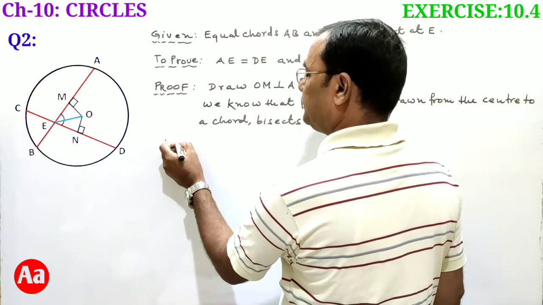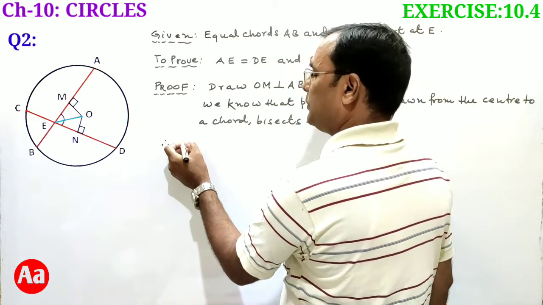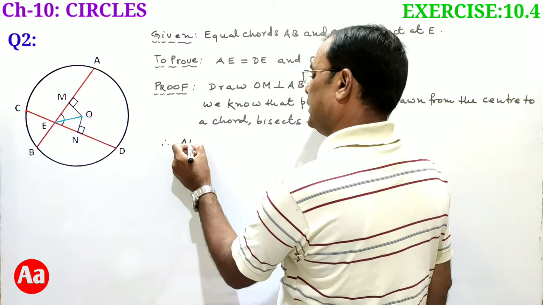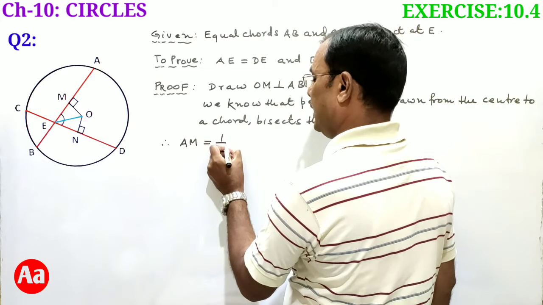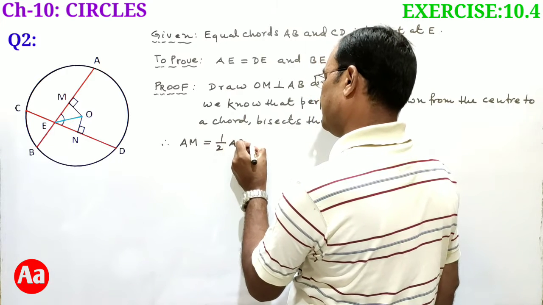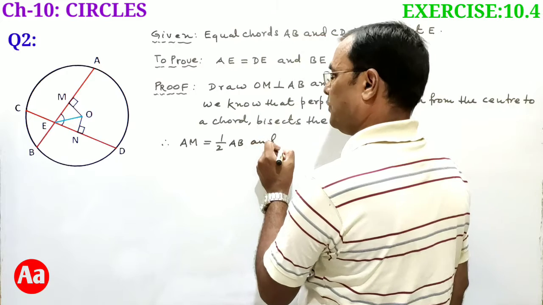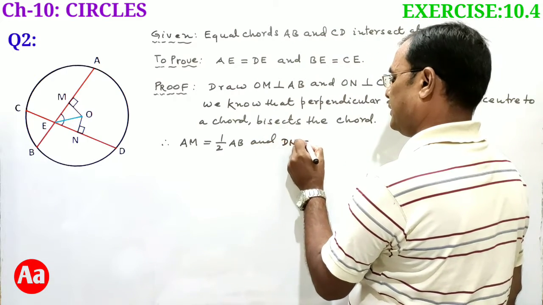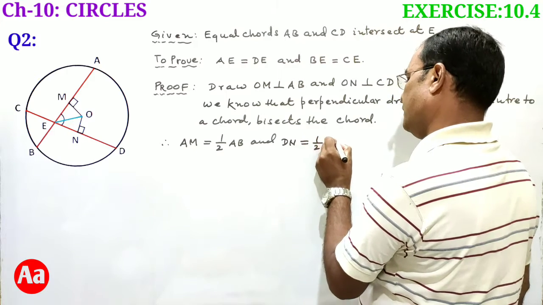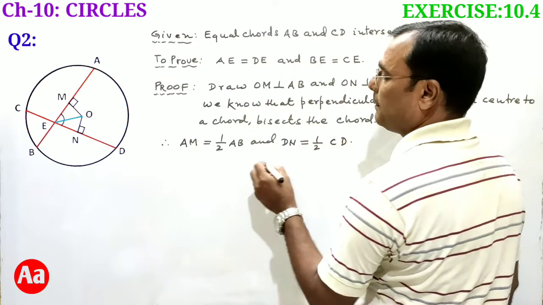Therefore, AM is equal to half AB and DN is equal to half CD.